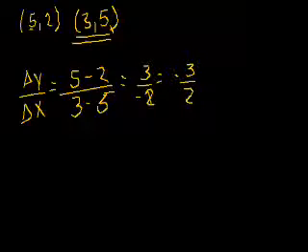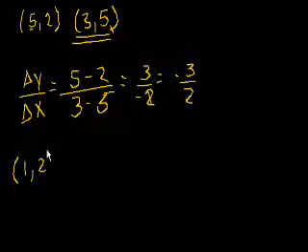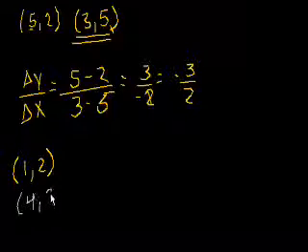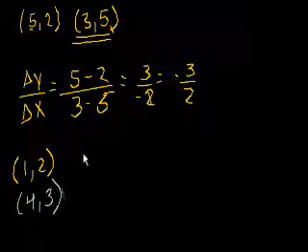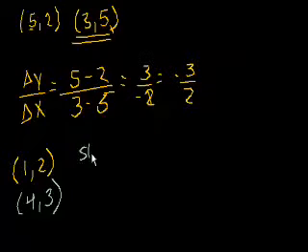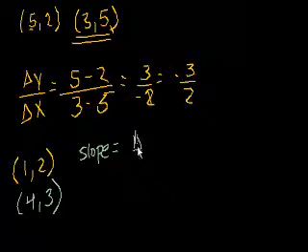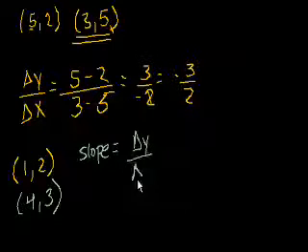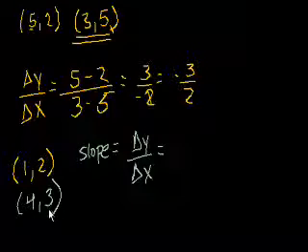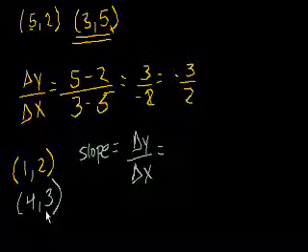Let's do another one. And this time I'm going to try to make it color-coded so it'll be more self-explanatory. Say it's 1, 2, that's the first point. And then the second point is 4, 3. So once again, slope is equal to change in y over change in x. For the change in y, we take the first y. Let's start here, and we'll call that y1.